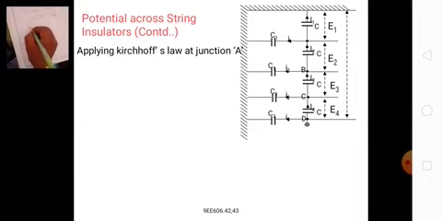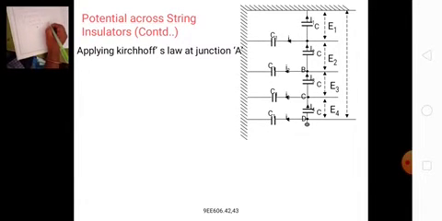Similarly, I4 is equal to IC plus I3. IC is nothing but WC E1 into 3 plus 4 by M plus 1 by M square, plus I3.